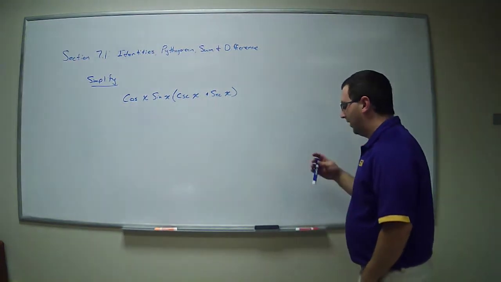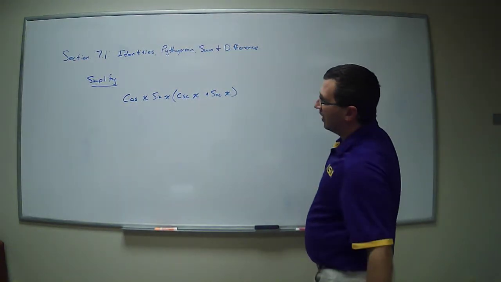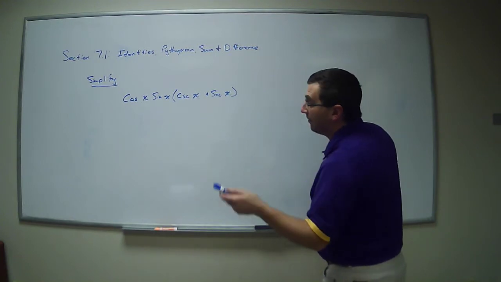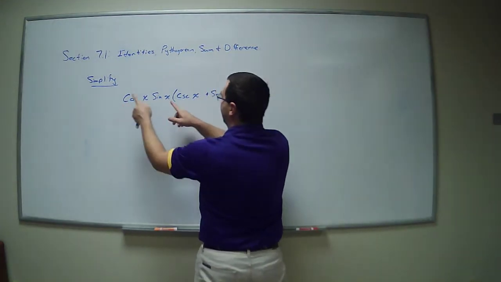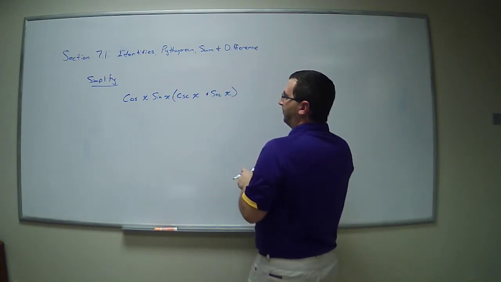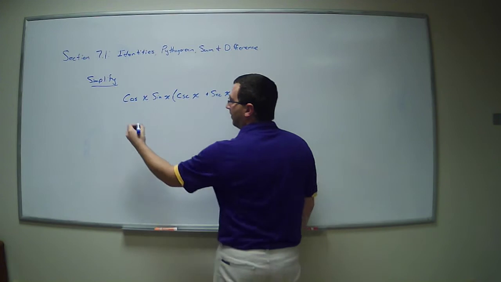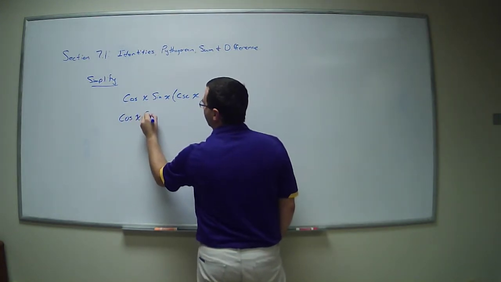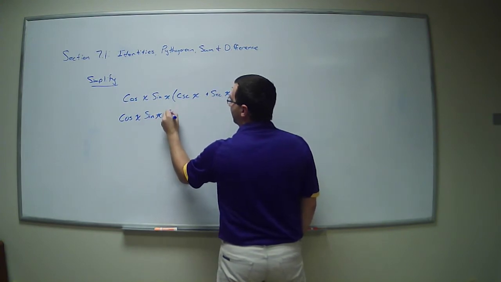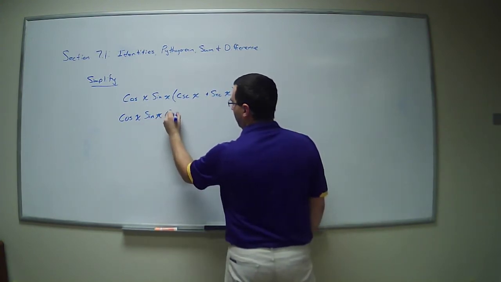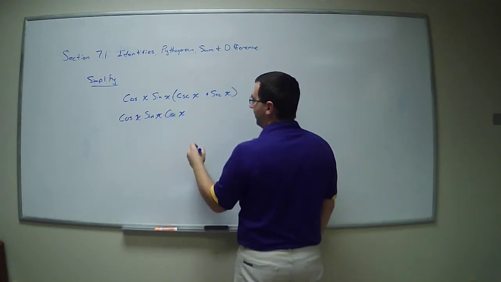All right. So on this one, let's multiply cosine x, sine x, and basically we're going to distribute this into this parentheses. All right. So how that would occur, cosine x times sine x times cosecant of x. Okay?